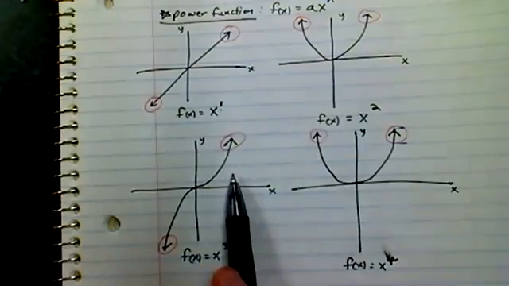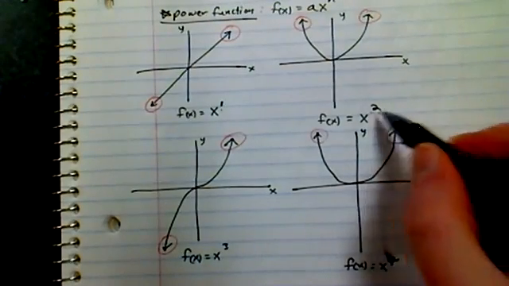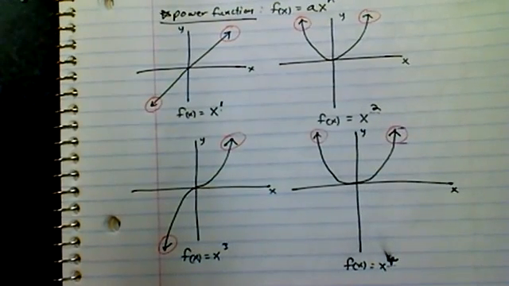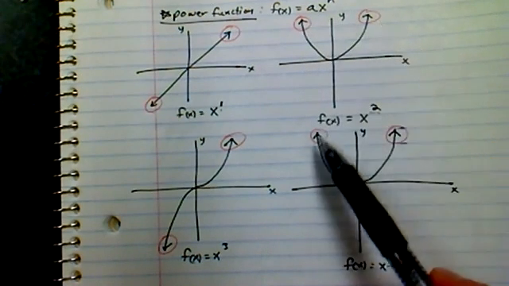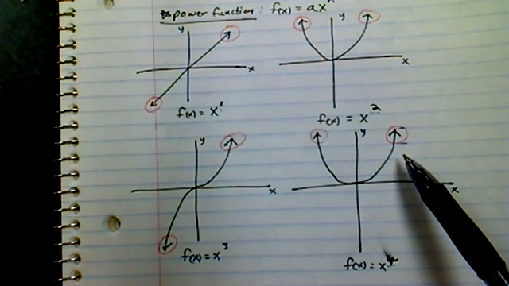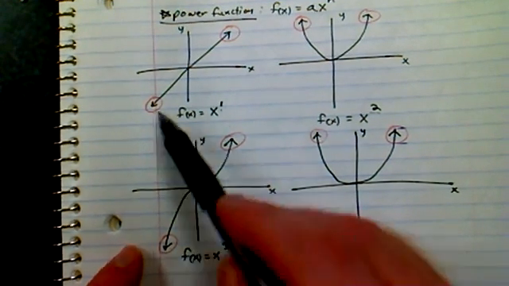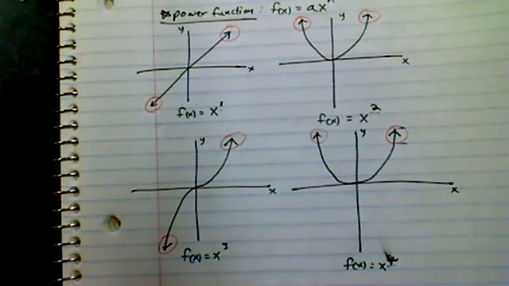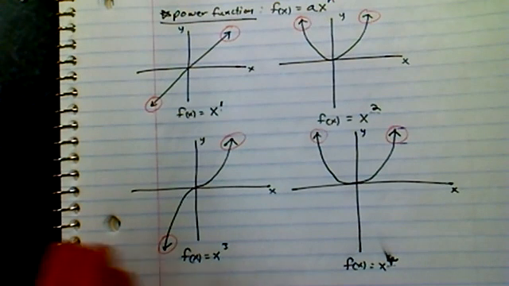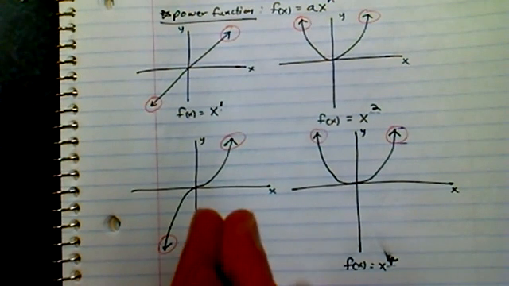That's for these guys. Now notice with the even powers, it's a little different. It starts high and it ends high. So it's a little bit different than when it's odd. And if I were to graph x to the fifth, it has that same sort of end behavior. That's something we can tell about what's happening at the very large negative and very large positive values.